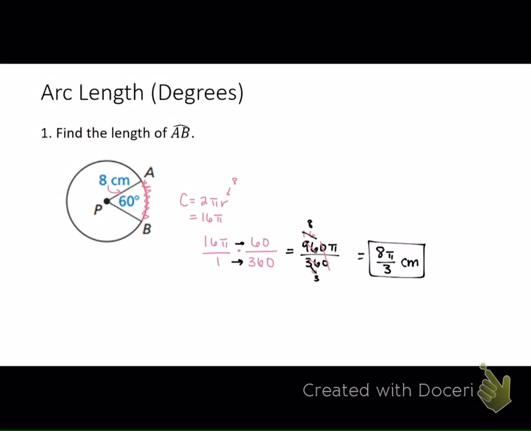So we did 60 out of 360, and then we just multiplied and simplified. Does that make more sense, maybe not as a formula, and just remembering it to do it that way? Some of you might want to memorize the formulas on the other page because you're really good at memorizing, and some of you need to understand the process behind it. We're all going to be in different places. I like this better, knowing where everything is coming from, personally, but that doesn't mean that's who you are, okay?